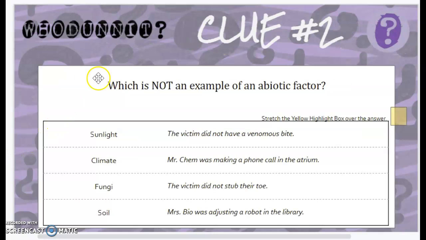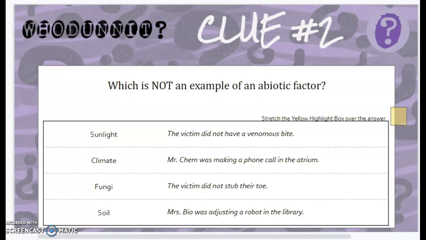Clue 2, which is not an example of an abiotic factor?